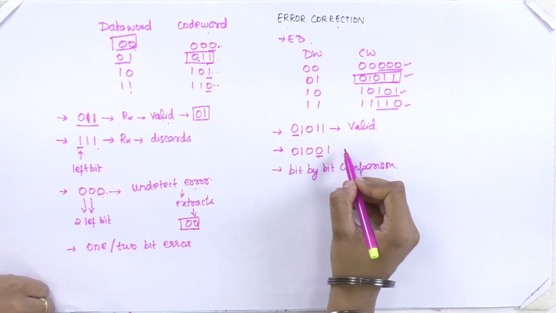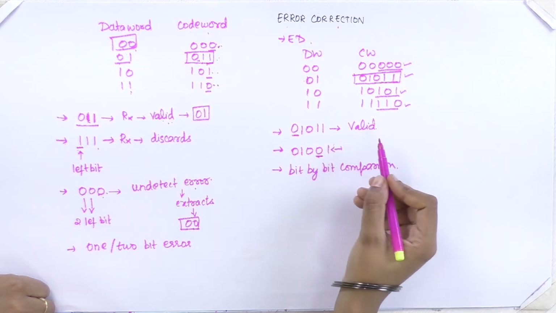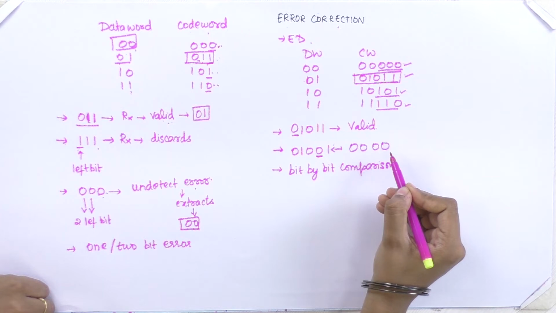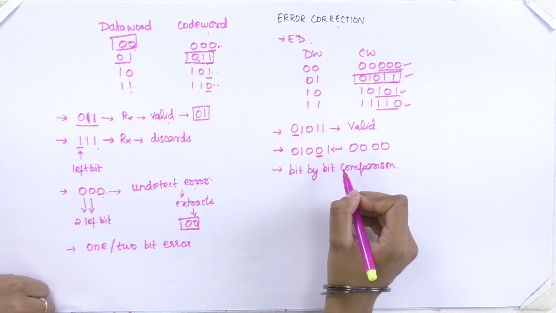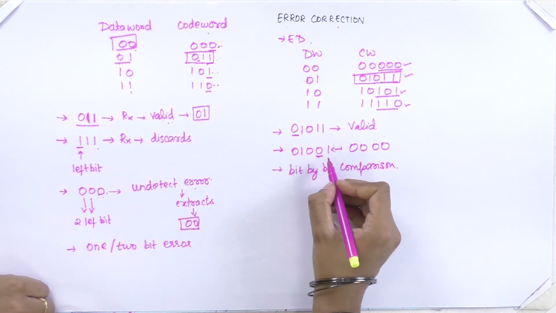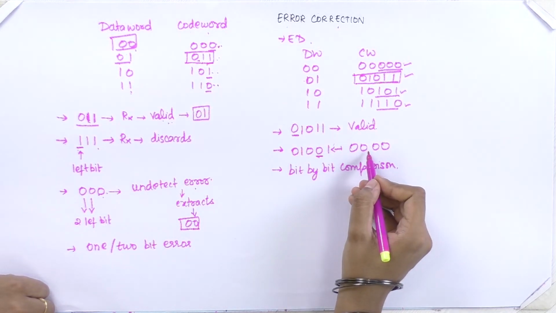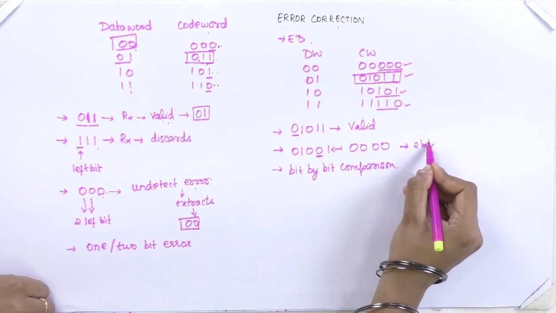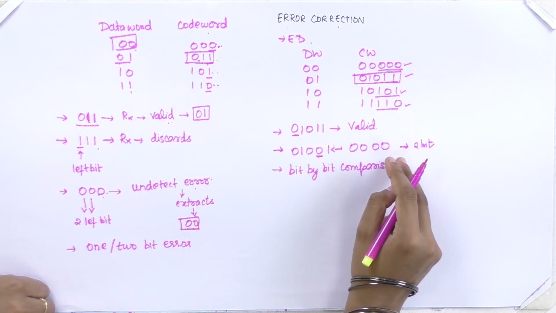First, comparing with the first one, 0000, this tells me how many bits have changed: 2 bits, so it gives a 2-bit difference.